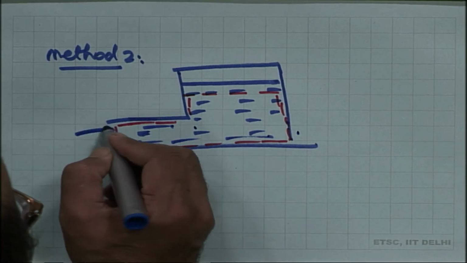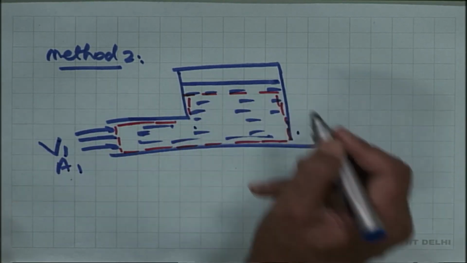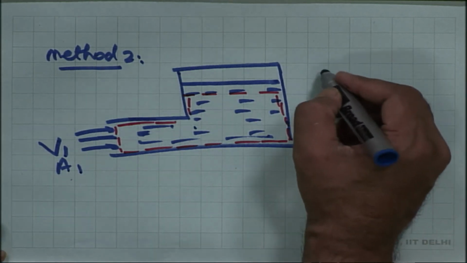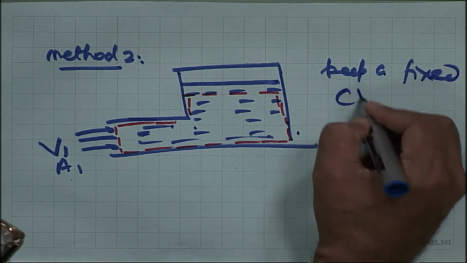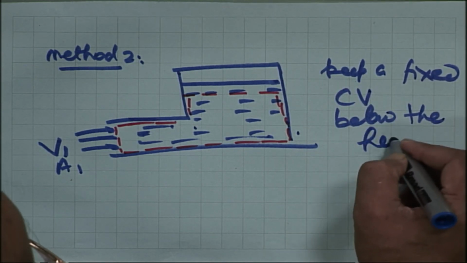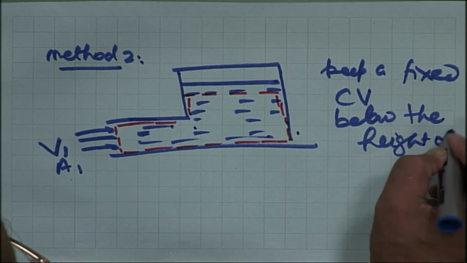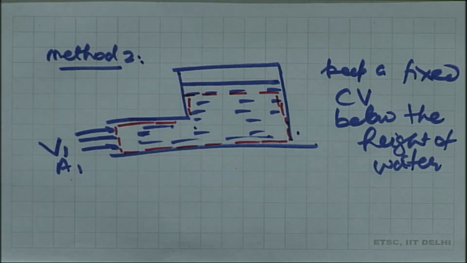So, the fluid is flowing in like this with V 1 A 1, and now I keep a fixed control volume below the height of the water. So, I choose it somewhere in the water, but just below the surface. Now, this is a fixed control volume.